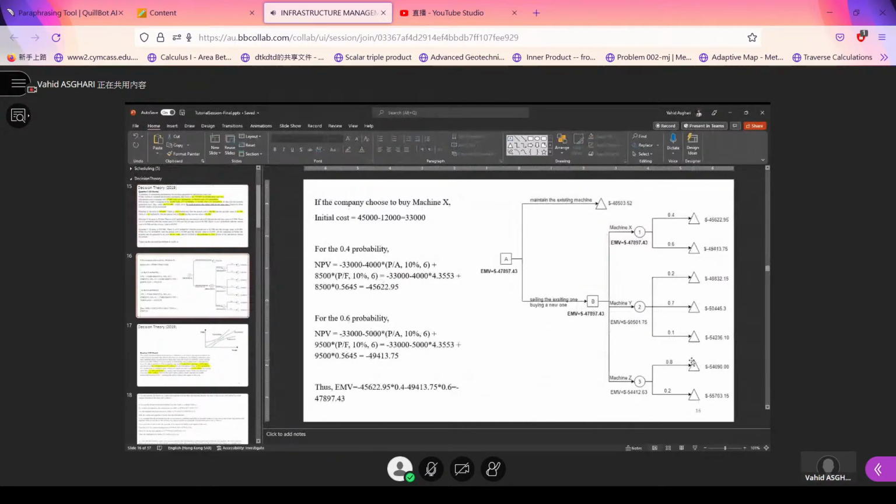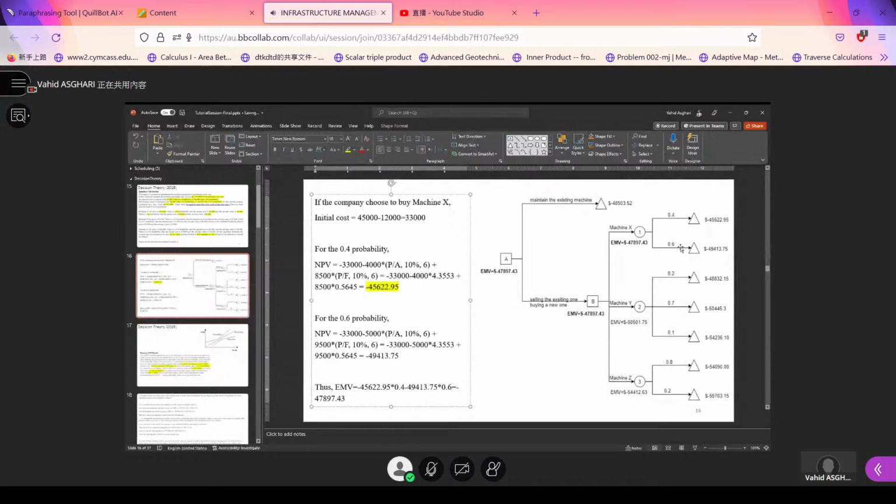One option is to maintain the existing machine, and you will find the net present value of that one, or selling the machine. If we sell it, we can buy machine X, machine Y, or machine Z. For each one of them, 0.4, a 40% probability, we will end up with minus 45K.